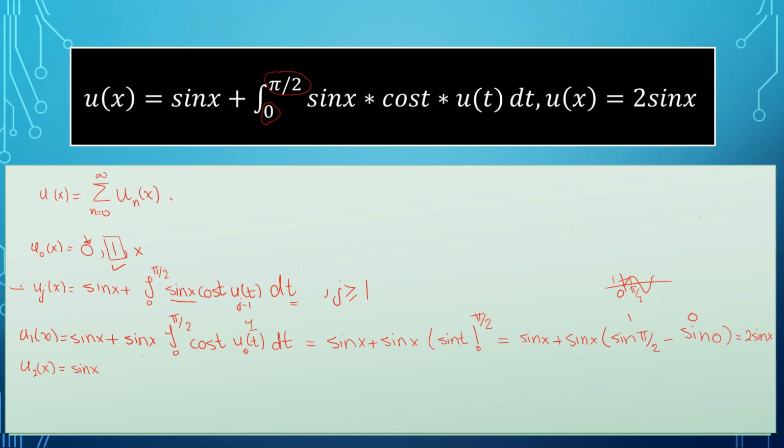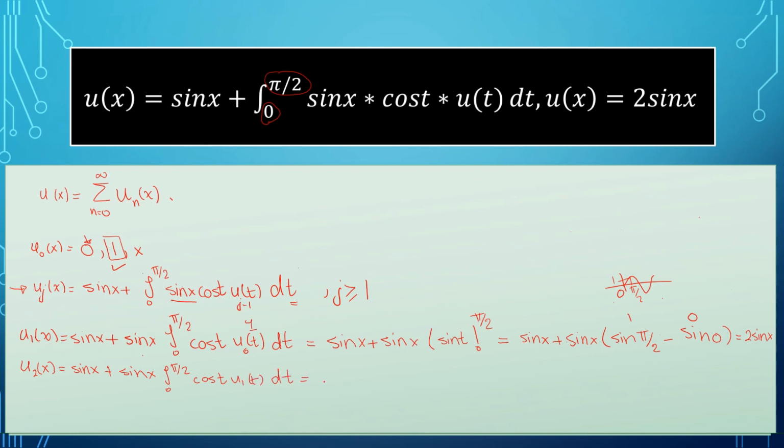Always look at here and substitute, plus sine x outside the integration, and the integration from 0 to pi over 2 cosine t u1 of t dt.